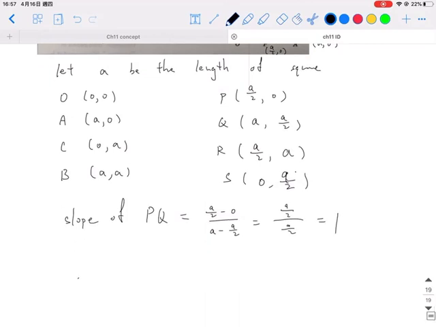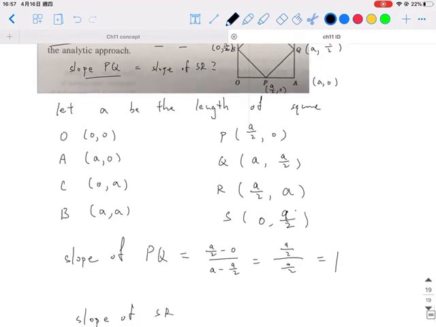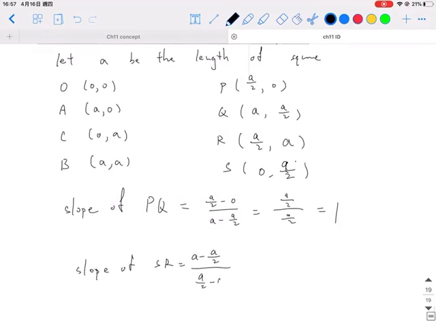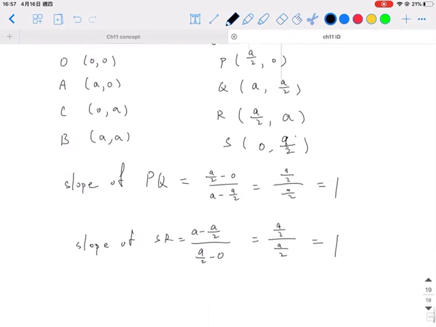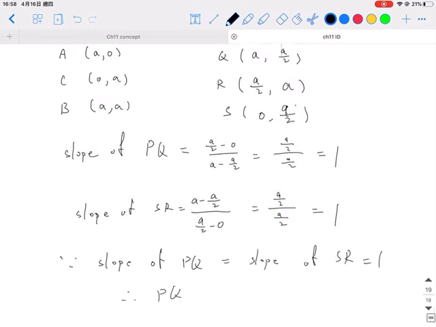And the other slope, the slope of SR, should be (A minus A/2) over (A/2 minus 0), and you also get A/2 over A/2 again, which is equal to 1. So you can write down: because the slope of PQ is equal to the slope of SR, equal to 1, PQ is parallel to SR. So we finish instance drill 21.